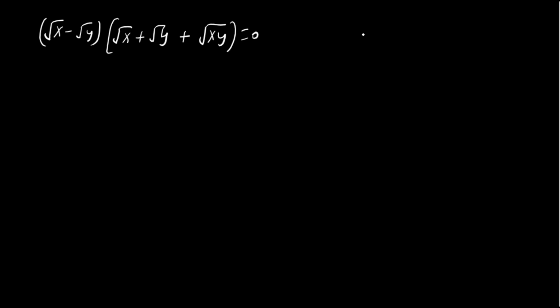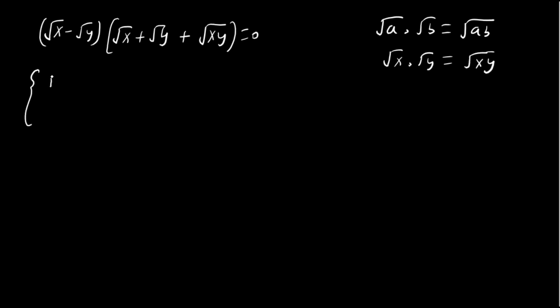This equals 0, because, students, we know that square root of a times square root of b equals square root of a times b. So that's why square root of x times square root of y equals square root of x times y.